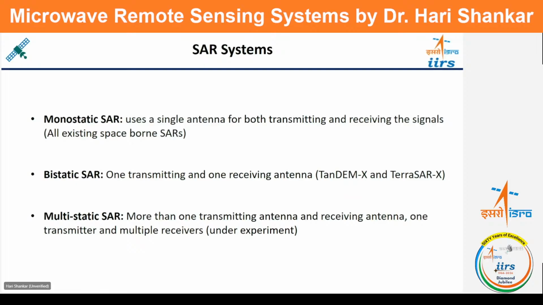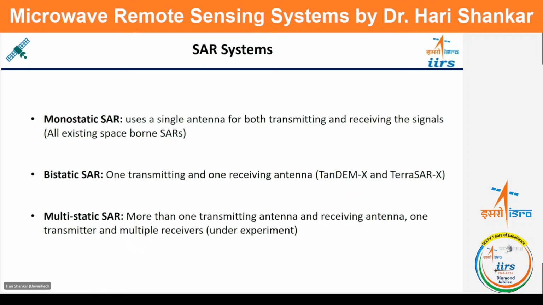Alternately it transmits and then receives the signals. This particular mode of SAR is called monostatic SAR. Mono means single. And bistatic SAR means it has two antennas, a transmitter and a receiver.